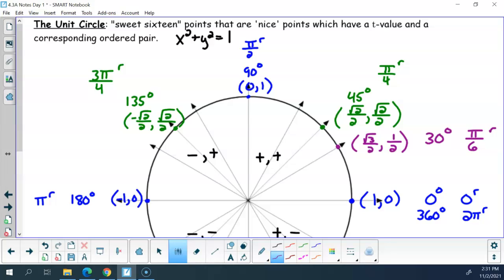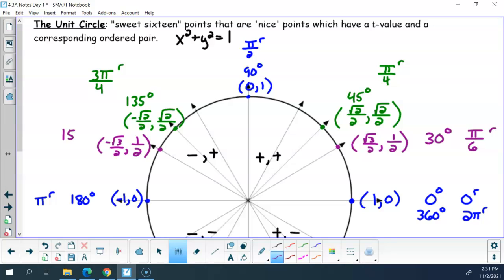So now if I go into quadrant number 2, my coordinates are going to be negative square root of 3 over 2, comma, positive 1/2, because I'm in quadrant number 2. I'm 30 degrees short of pi, so that means I'm what? What's my degree measure? 150.